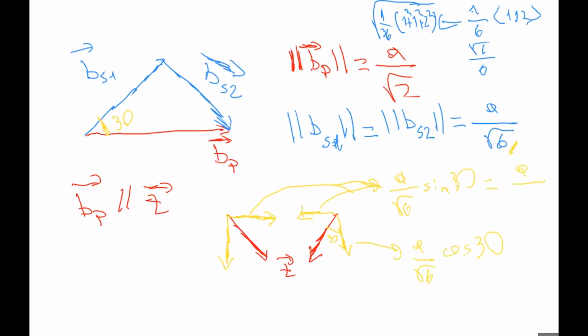a, so sine 30 is 1 over 2, right? And cosine 30 is square root of 3 by 2. So what was the cosine 30? Is it square root of 3 by 2?